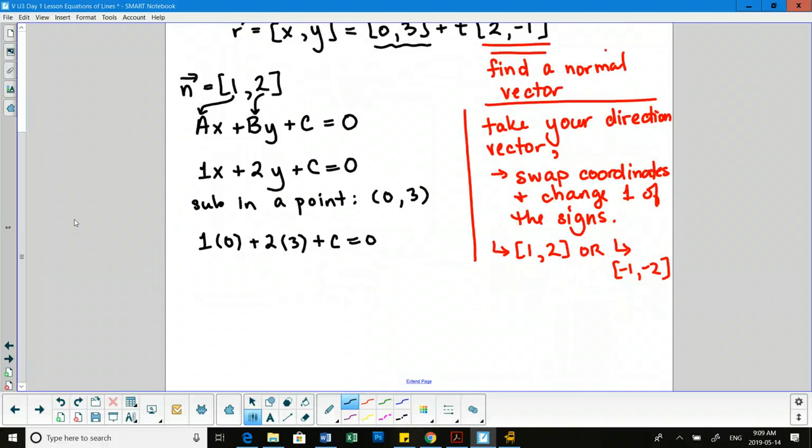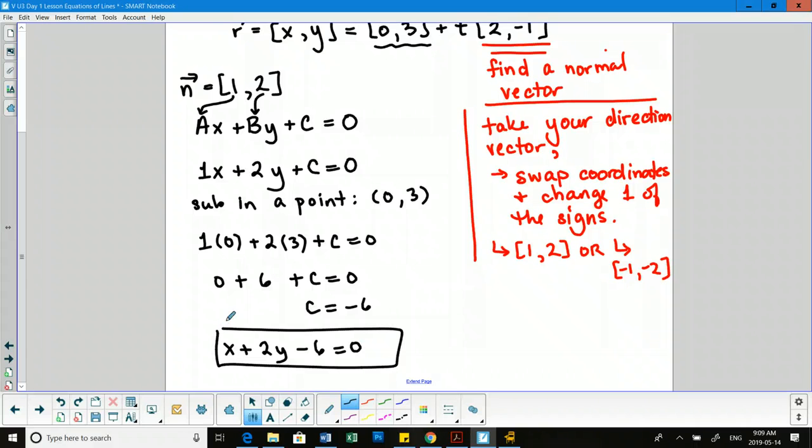Why 0, 3? Yeah, but again, we could use 6, 0 if we wanted to. Any point on the line is fine. So we'll get c equals -6. And then our final equation is x plus 2y minus 6 equals 0.